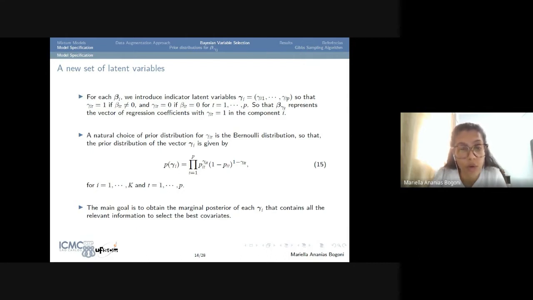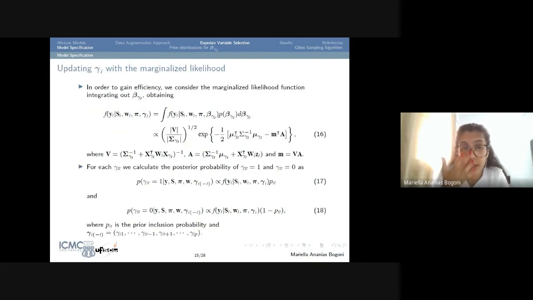Our main goal here in the variable selection is to obtain the marginal posterior distribution of each gamma I that will contain all the relevant information to select the best covariates for the models. Okay. So for updating each vector gamma I, we will consider the marginalized likelihood function. So we will take the likelihood function after the data augmentation approach.